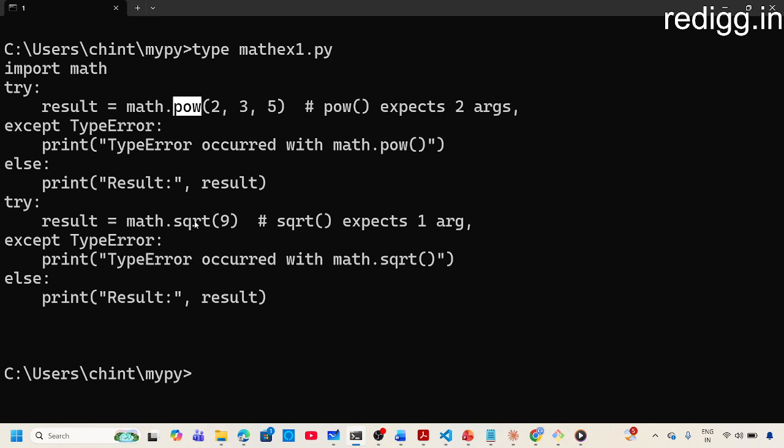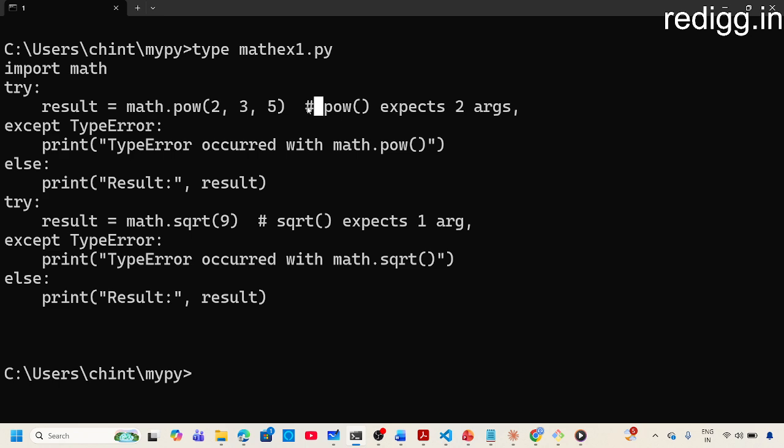Then the square root function, which will do the square root. For example, the square root of 144 should be 12, and so on. So here there is one sqrt function with the correct number of arguments, and one pow function with incorrect arguments, like 2, 3, 5, when there should be only 2 arguments.